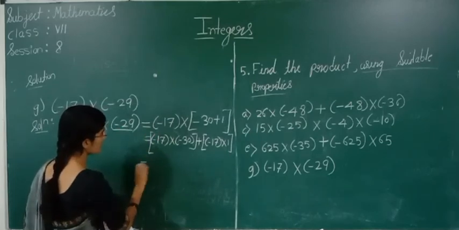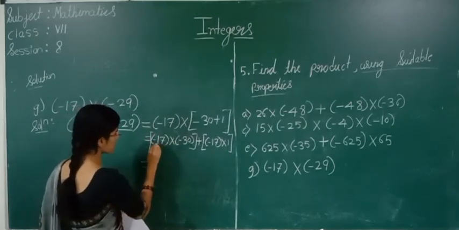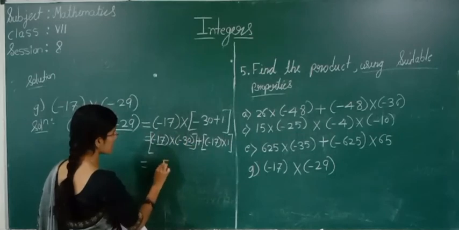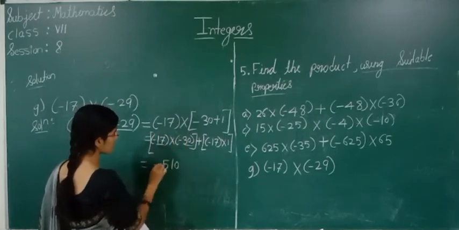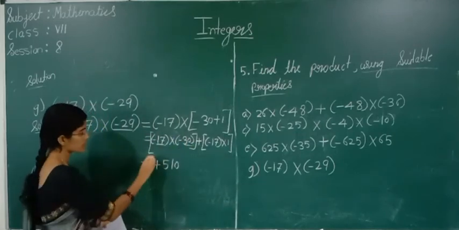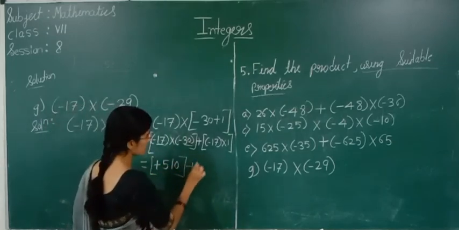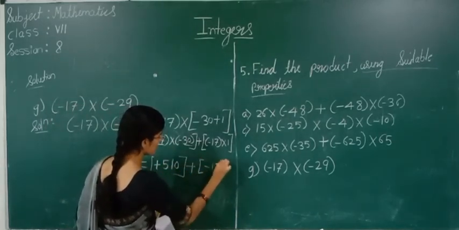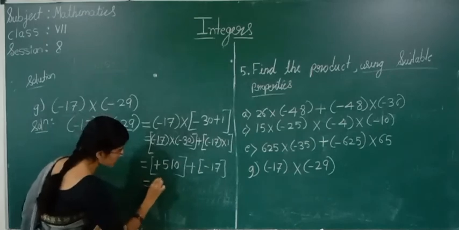So it will be 17 into 30 is 510. When two negative integers are multiplied, we will get a positive integer, right? Plus minus 17. Now we will simplify this.